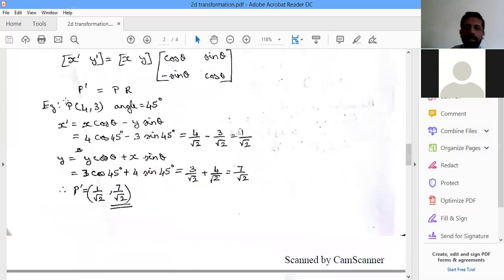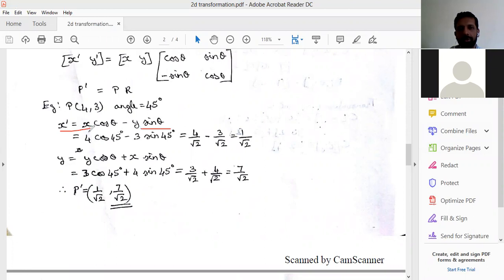So we have initially a point whose coordinate is 4, 3, and the angle by which it has to be rotated is 45 degrees. That is nothing but the theta value is 45 degrees. So in that case, let us solve this for these values by the given equation. Okay, so x dash value, we have the equation x times cos theta minus y times sin theta.